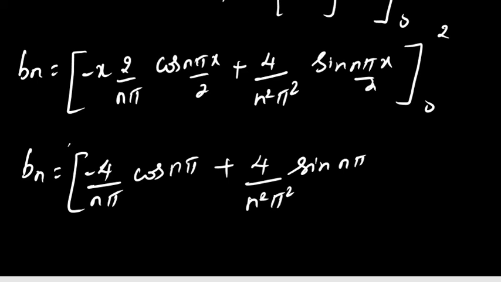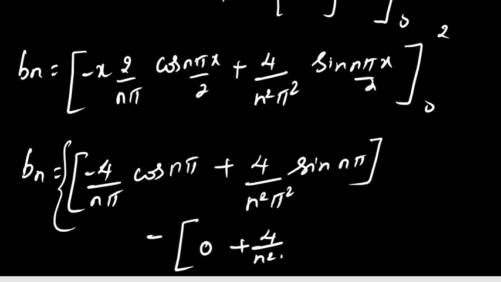This is for the upper limit, minus the lower limit. Wherever x is there, substitute 0. So here x into this term is 0, plus 4 by n square pi square, when x is 0, n pi by 2 into 0 is 0, so it is sine 0.